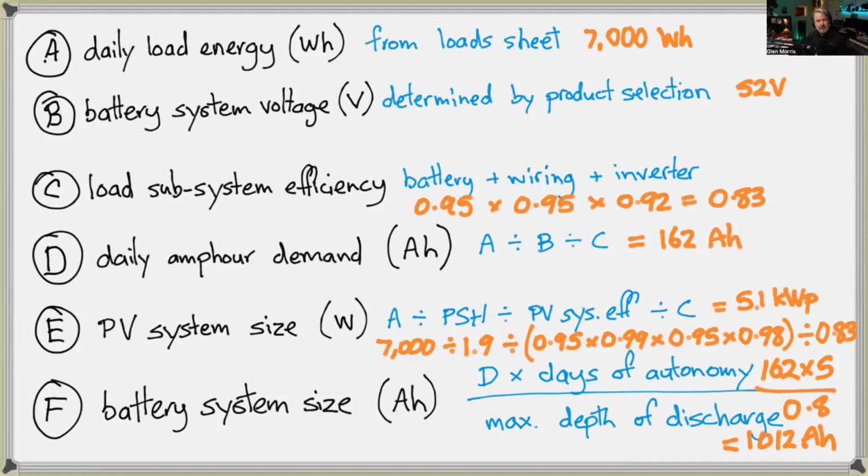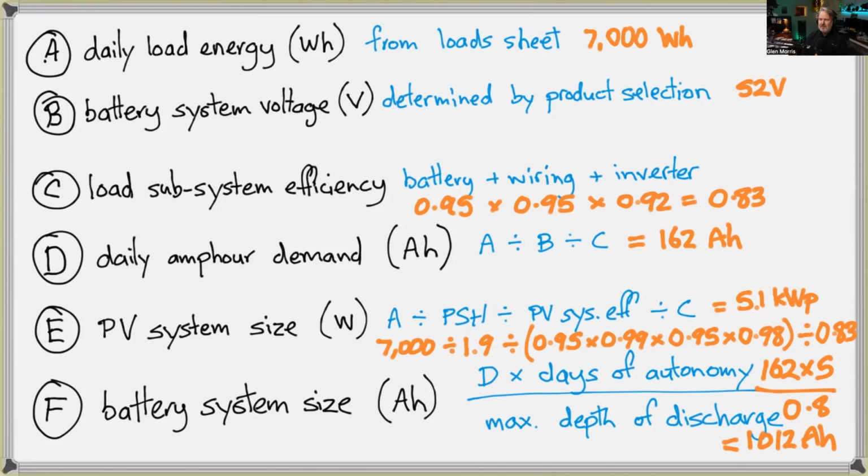It's a 52 volt battery system, and when we get to C, the load subsystem efficiencies, we express them as factors. When I say efficiency, it's the factor out of 1. So 1 is 100% efficient, 0.95 is 95% efficient. It just helps with the maths.